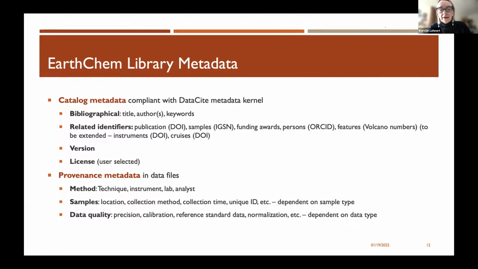And then we hold the related identifiers, which are DOIs for publications, IGSNs for samples, ORCIDs for the authors, if we can get them, and so on. And in the catalog metadata, we also have the version linking implemented, and the licenses are part of those catalog metadata. But then there is a much richer set of provenance metadata that reside in these data templates within the data files.